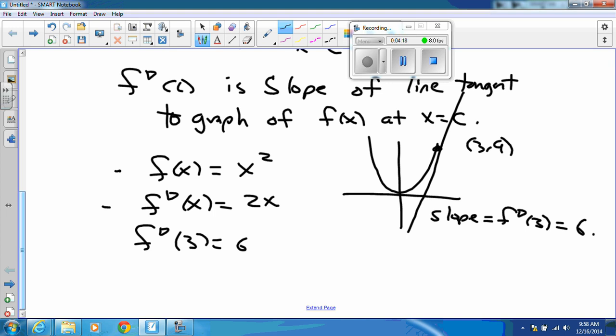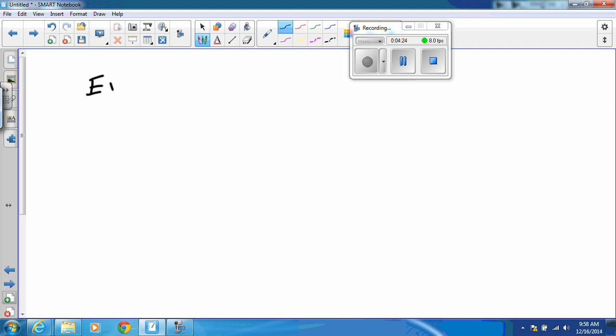Good. So that's concept. How do we go about evaluating these derivatives? Evaluating the derivatives is complex for students because information can come at us in different forms.